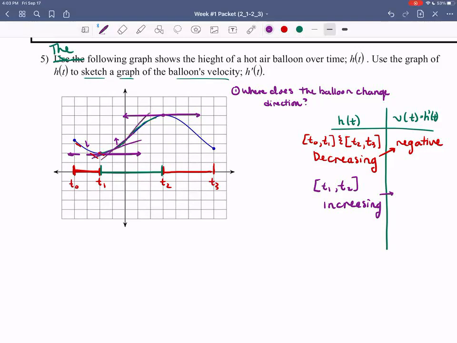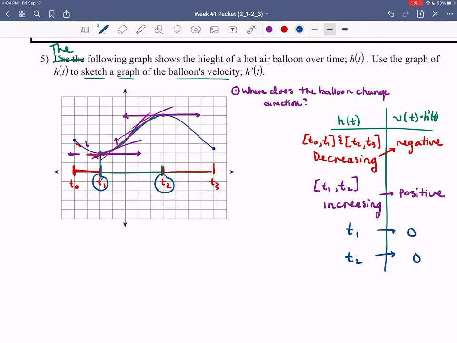What do we know about our slopes of tangent lines on that interval? Well, the slopes would be all positive. And so then if we dive further, what actually happens at t1 and t2? Well, our tangent line is horizontal, so our derivative is 0.